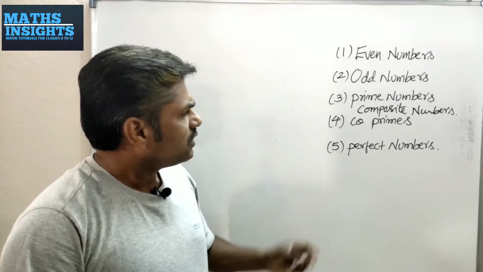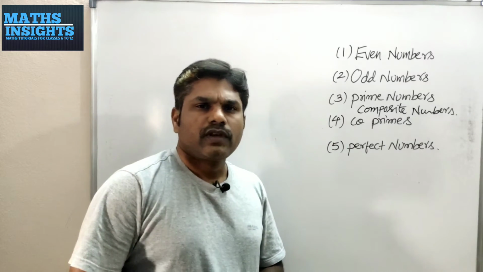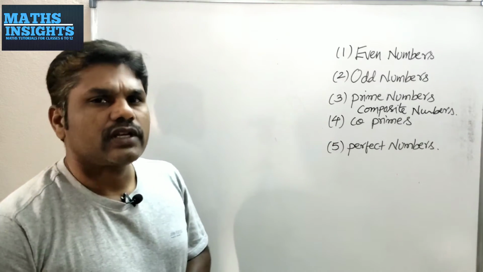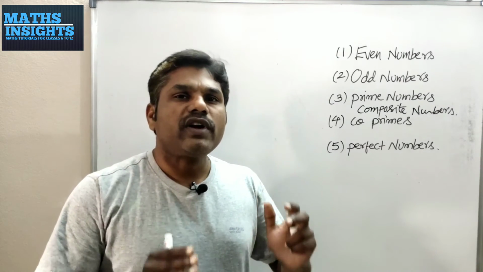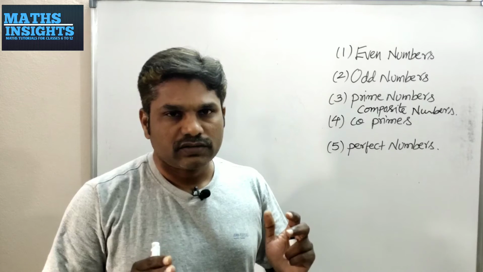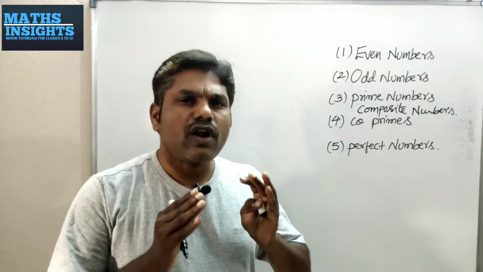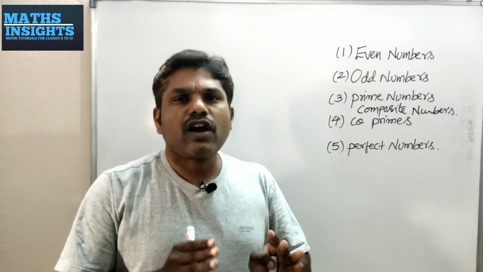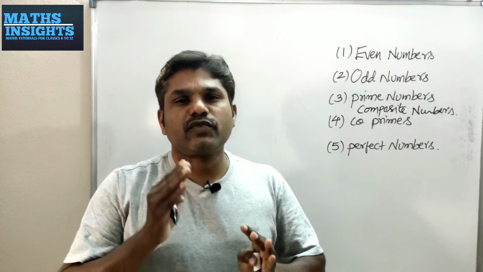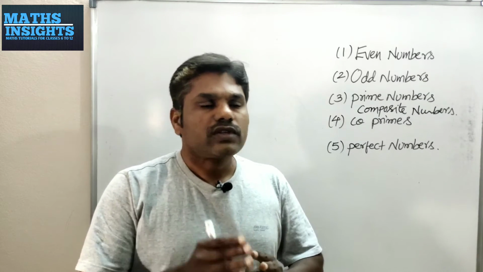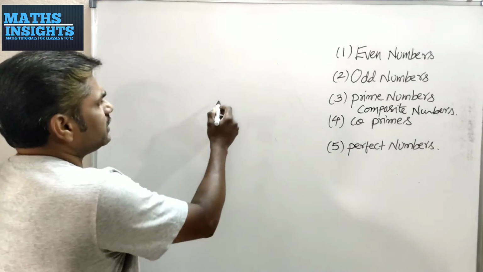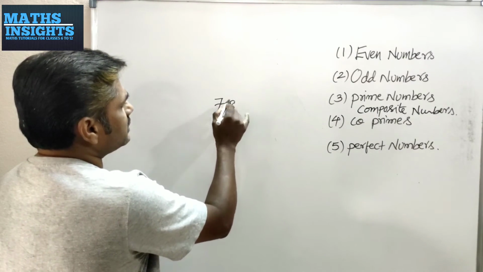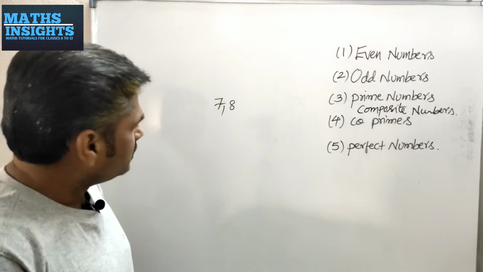Next is co-primes. Two numbers are said to be co-primes if their common divisor is 1, that means they should not have any common divisor except 1. Then those two numbers are called co-primes. Suppose I am taking 7, 8. These are co-prime numbers. Why?